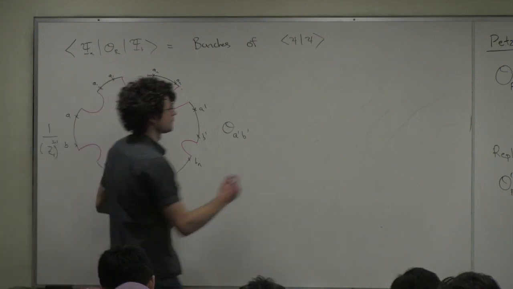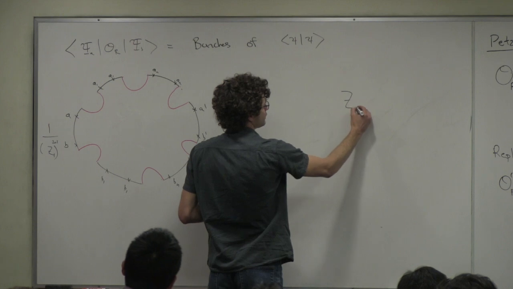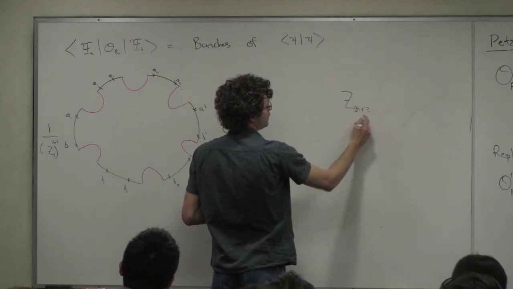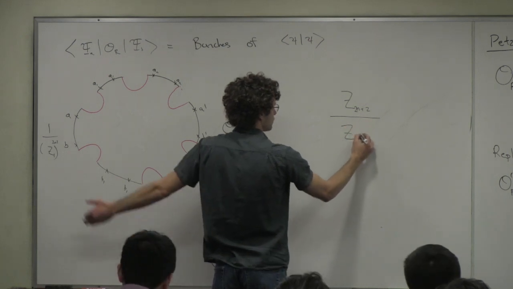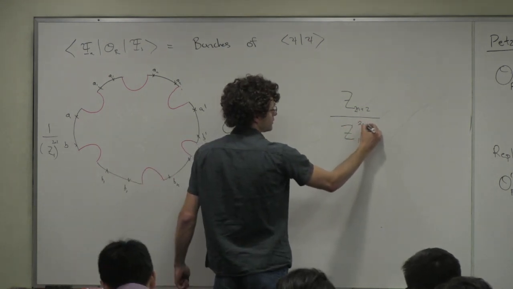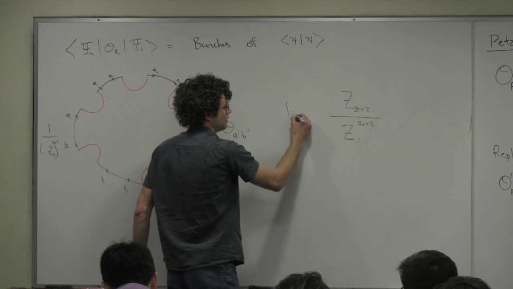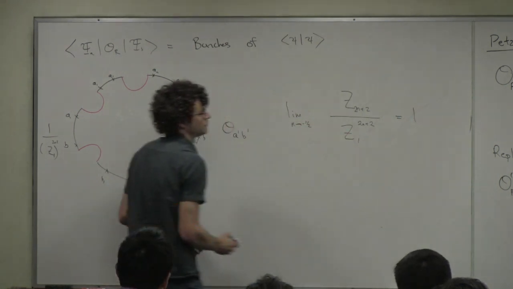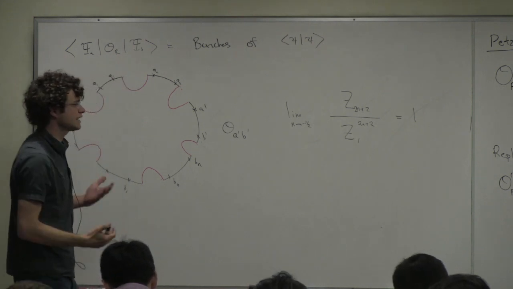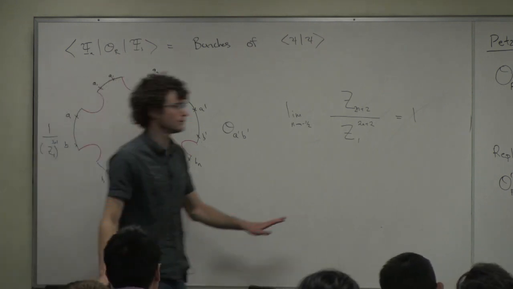So it's proportional to a path integral, we'll call it Z_{2n+2}, with 2n plus 2 boundaries, and we divide it by this normalization factor, Z_1 to the 2n plus 2. In the limit n goes to minus 1/2, this is equal to 1. So the gravitational contribution just goes away completely in the replica limit, n goes to minus 1/2.